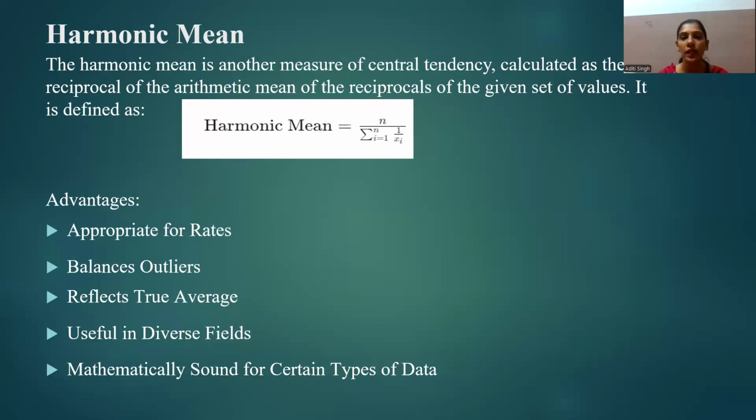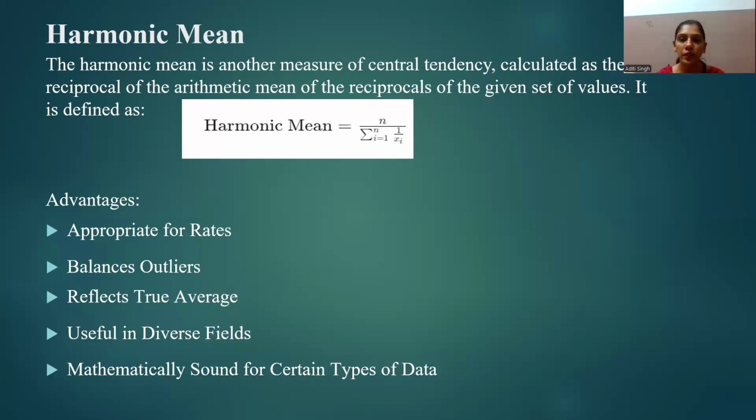Larger values get less weight, smaller values get more weight, and it gives an advantage in certain contexts. This is particularly useful when small values are more significant in the context of the data.